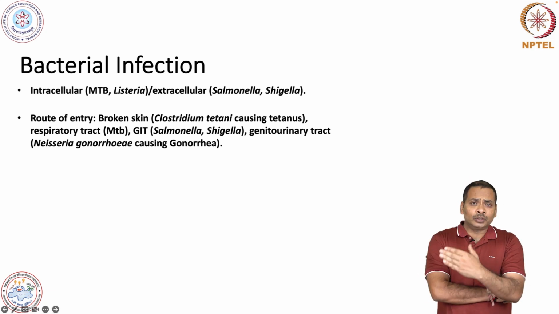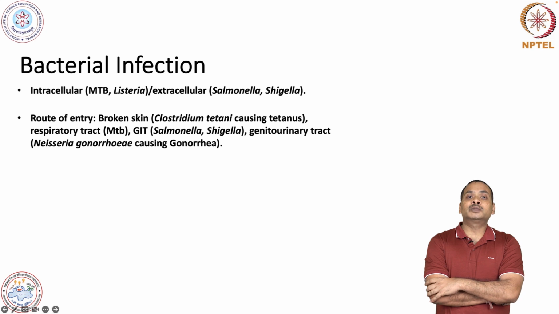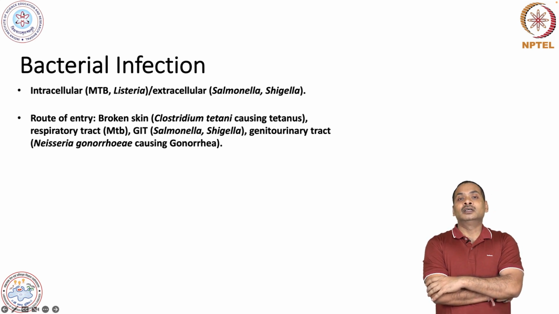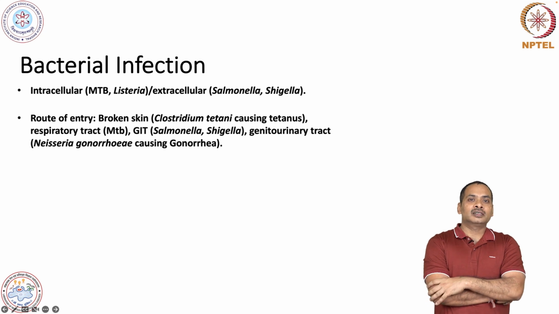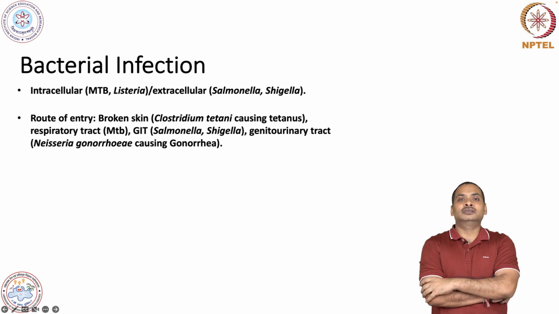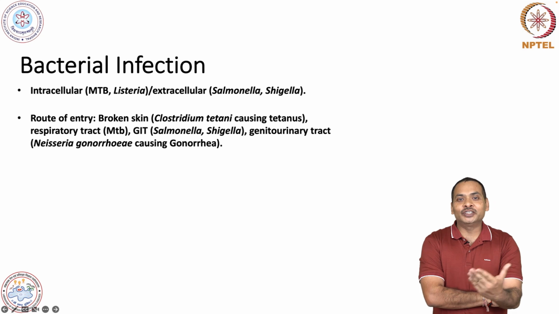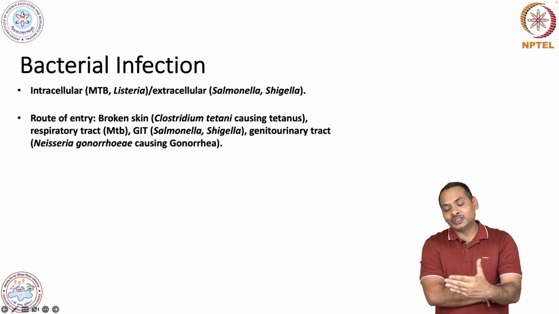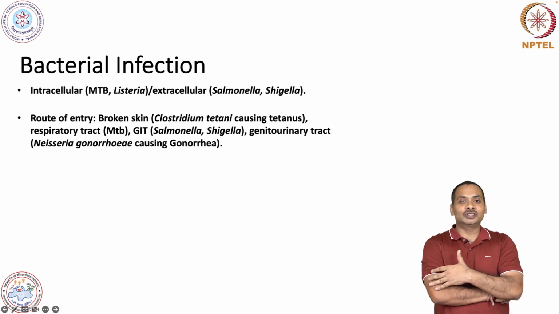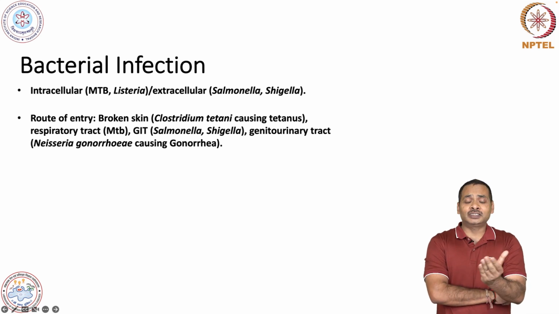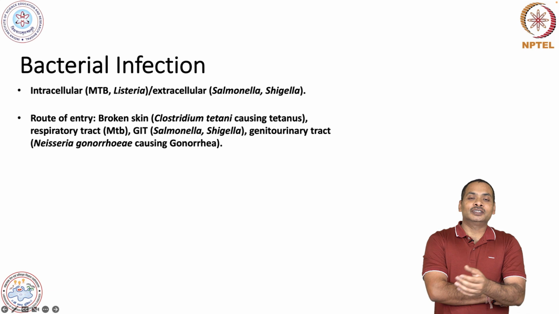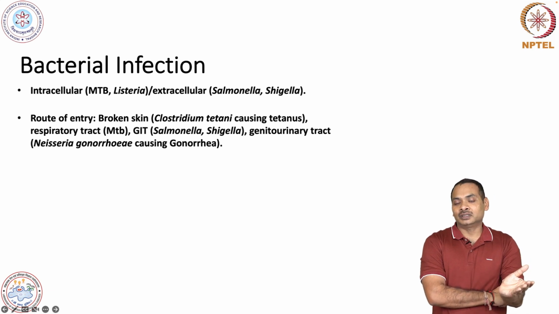Another route of infection is the respiratory tract. This is one of the key routes of infection in the modern world. And you know there are a variety of microbial pathogens which infect the host through this route. It could be viruses.